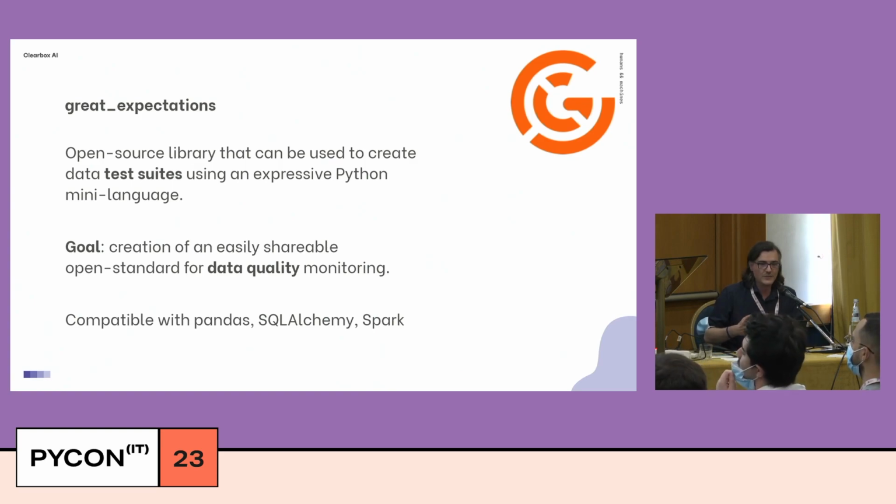The objective of this library is to be able to monitor data quality. So we write a test suite, we apply it to our data, and by measuring how many tests pass or fail, we can measure how data quality changes in time, for example. This library is compatible with most of the common data manipulation frameworks like pandas or Spark.